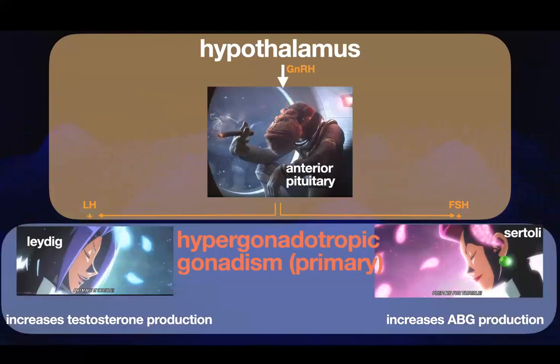Then we have something called hypergonadotropic hypogonadism. Imagine the problem is with the testes themselves. The testes simply cannot produce enough testosterone. So by natural physiology, the hypothalamus will detect that and begin to pump up a lot of LH and FSH, so LH and FSH levels are going to be high.